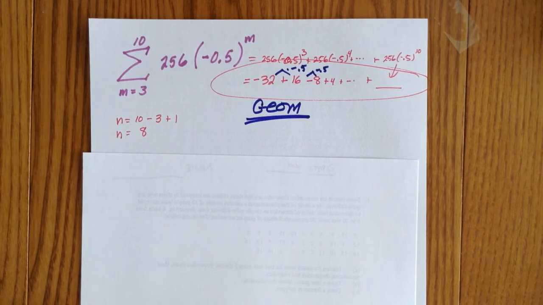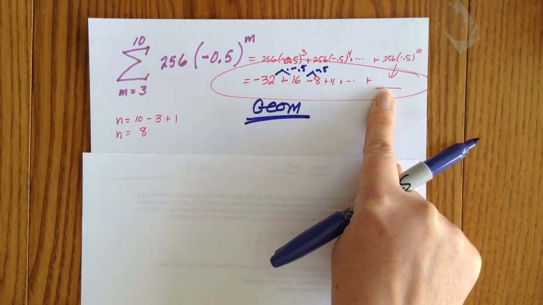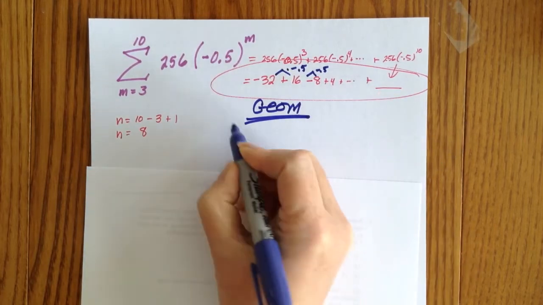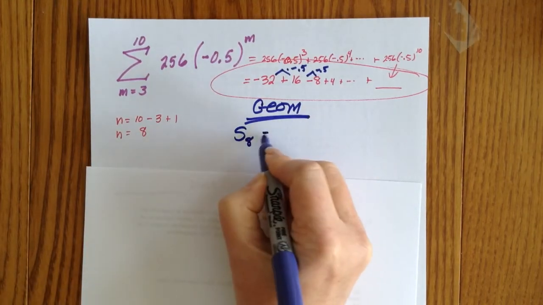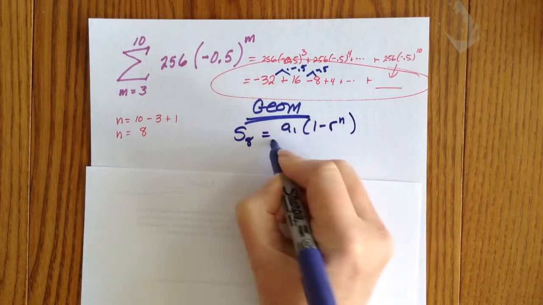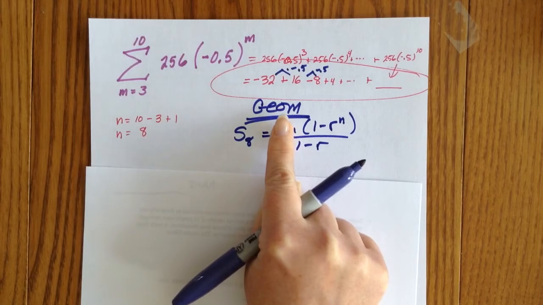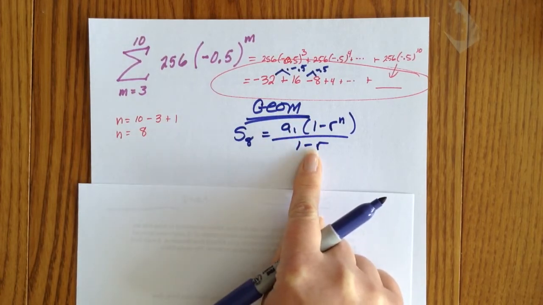Once you identify that it's geometric, and it is not going forever, we have a formula. So you're going to want to look up the formula for 8 terms. Go back to the videos if you need to. You need to know which type of sequence it is to know which kind of formula to use.